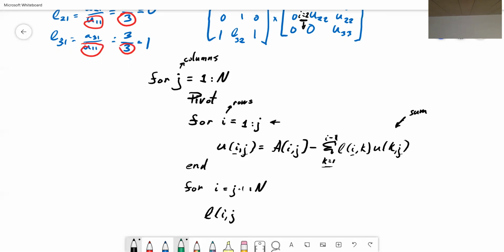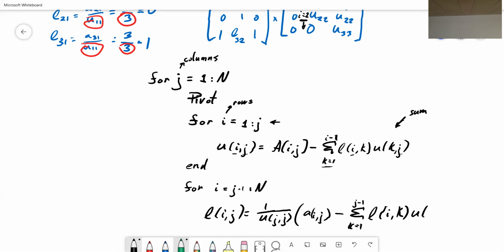L i comma j will be equal to 1 over u j comma j, so current column, times a i comma j minus the summation of k equals 1 through j minus 1 of l i comma k times u k comma j.